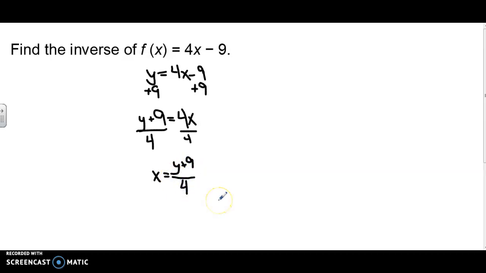Now, the only difference between this and what we did yesterday is the last thing we do to find the inverse: at this point, you write y equals x plus 9 divided by 4. Or if you wanted to, you could have it 1/4 x plus 9/4. And then at the very end, f of x equals x plus 9 divided by 4.